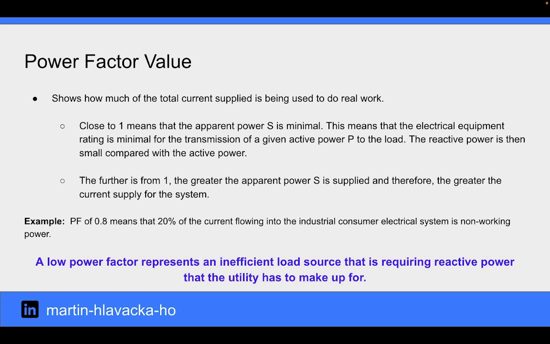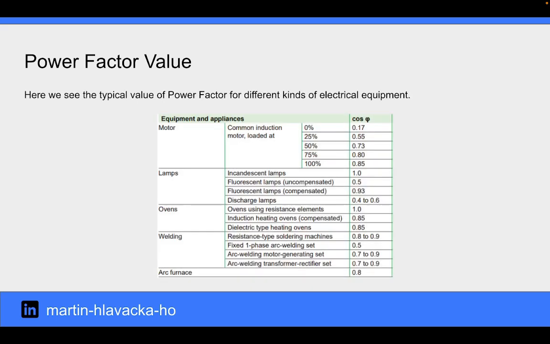The reactive power is then small compared to the active power. The further the power factor is from 1, the greater the apparent power supplied and therefore the greater the current supplied to the system. On this slide, we can see the typical power factor value for different types of electrical equipment.